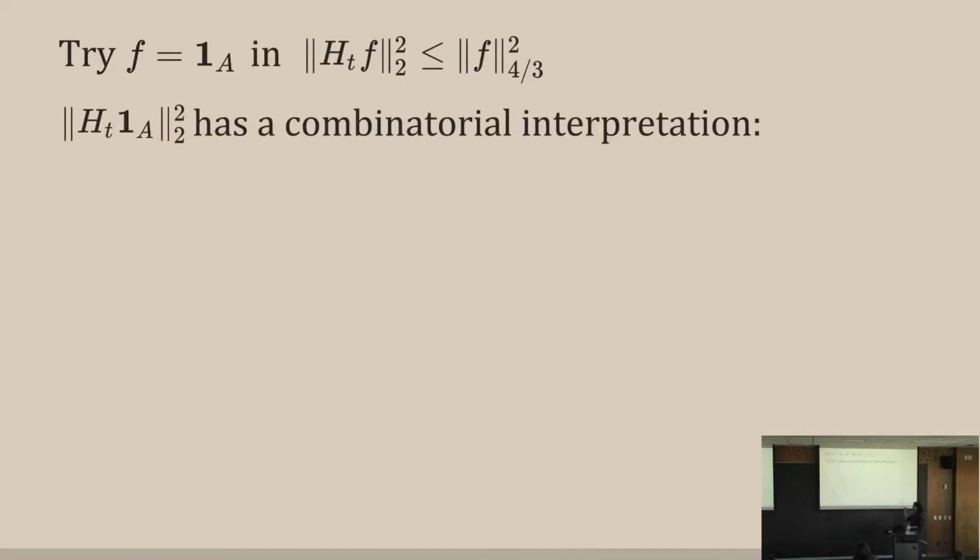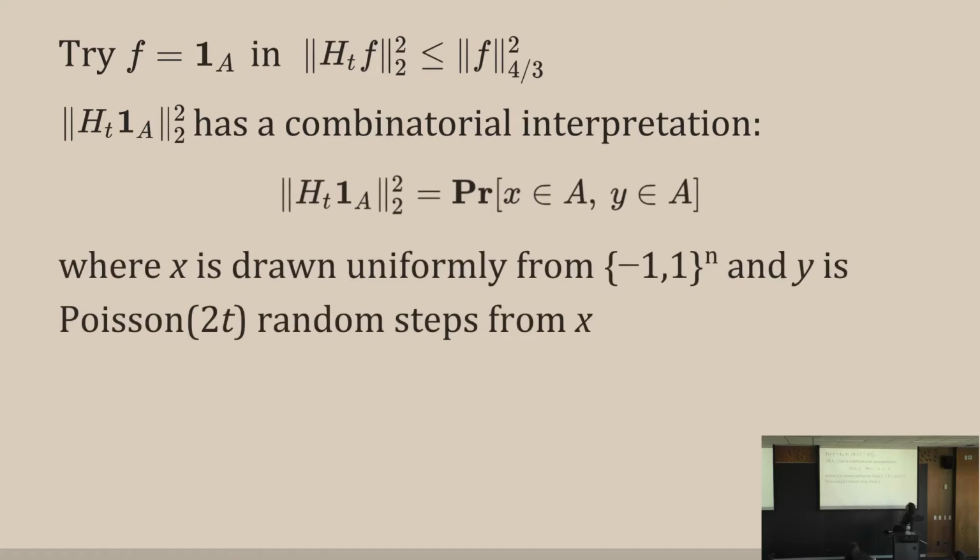The 2 norm of the heat operator applied to the indicator function has a combinatorial interpretation: it's the probability that you take one element inside the set, do the random walk that the heat operator defines for 2t time, and check the probability that you remain inside the set.